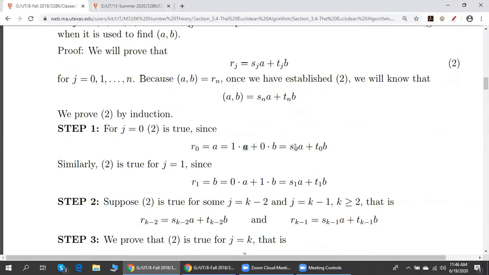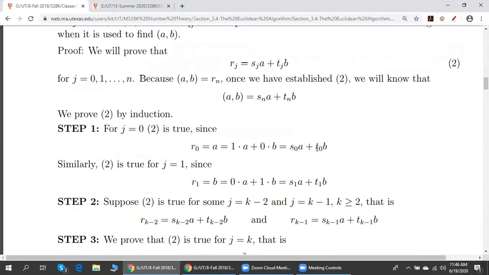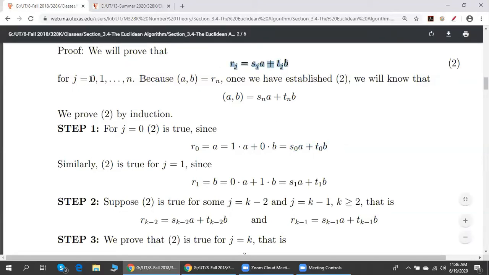We leave A without change. 0, according to what is written here, is equal to T0. We put here T0 and we leave B without change. Now let us put pieces together. R0 is equal to this, which proves this formula for j is equal to 0.